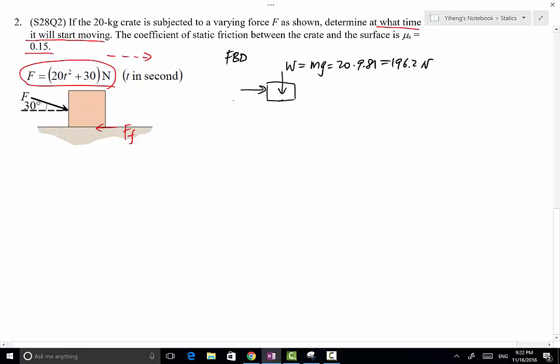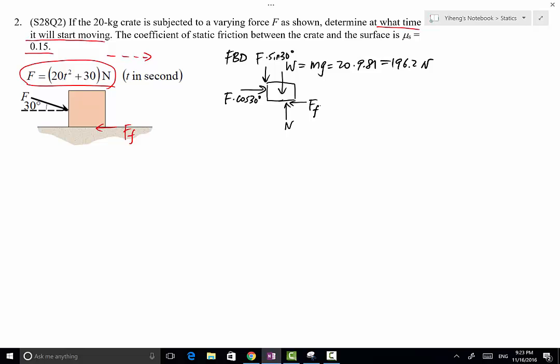The horizontal component is F times cosine 30 degrees, and the vertical component is F times sine 30 degrees. The normal force is at a location that we do not know yet, and the frictional force tries to resist the impending motion to the right, therefore the frictional force is to the left.